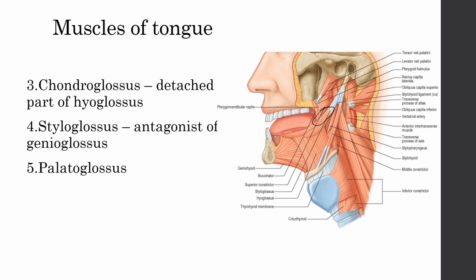This muscle passes beneath the palatoglossal arch, which is a fold of mucous membrane, and this arch forms the anterior pillar of the fauces. So these are the 5 muscles. One is genioglossus, second is the hyoglossus, third is chondroglossus, detached part of hyoglossus, fourth is the styloglossus, and fifth is the palatoglossus.